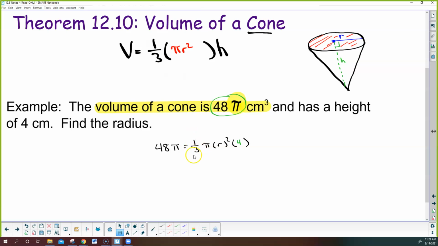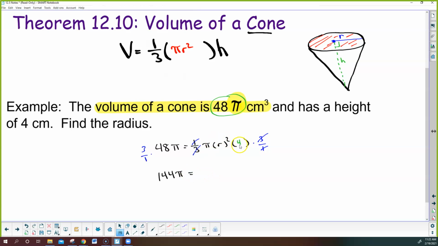I don't love the 1/3 there, so I'm going to get rid of the 1/3 first by multiplying by the reciprocal. And when I do that, the 3's go away and the 1's go away on the right side, and I'm left with 3 times 48, which is 144 pi.